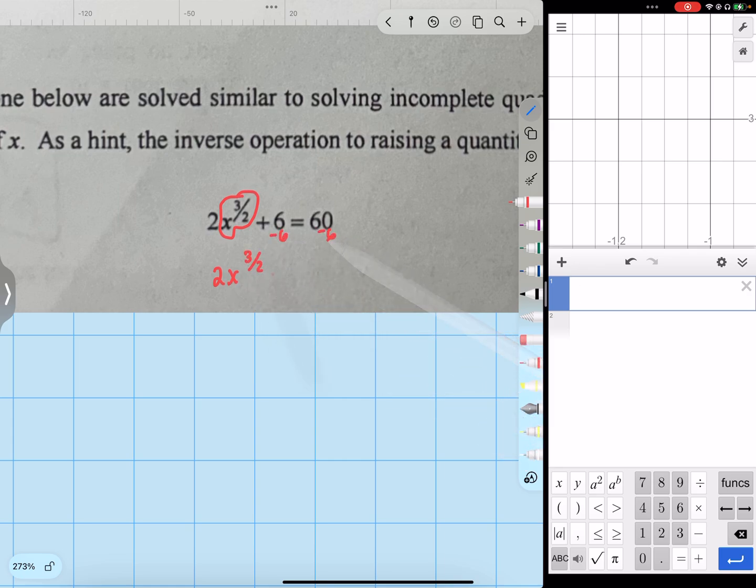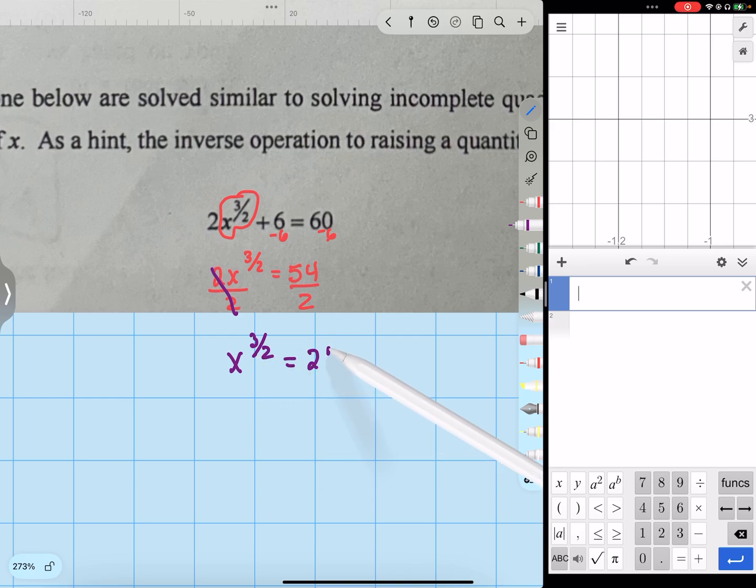I subtract my 6, gives me 54. I can divide by 2, and I can divide by 2 because this exponent is only on the x. It's not on this 2 at all. It'd have to be parentheses around the 2x if that 3/2 is applied to the 2, but it's not. So I can divide the 2 away, giving me 27.